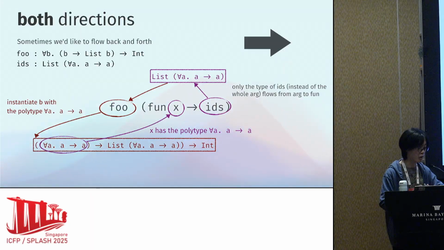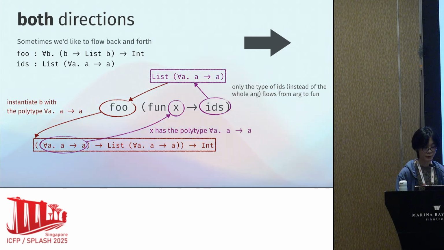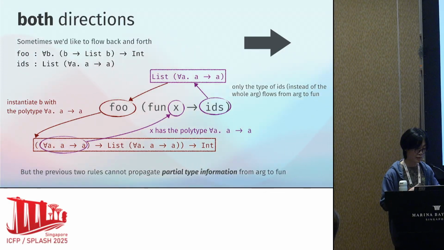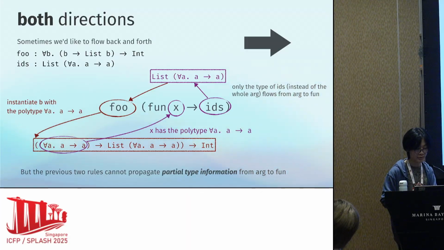So for this example, we really want both directions of information flow, but previous typing rules cannot type check the example, because what we are doing here is we only propagate the type of IDS to foo instead of the whole type of the argument.